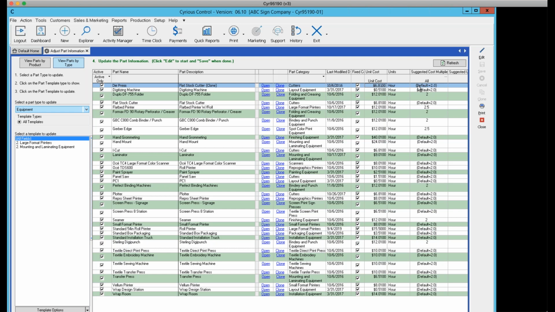Now, the equipment tool itself is an Excel tool, and it's available to anybody that has access to the CyrSkills.com website.